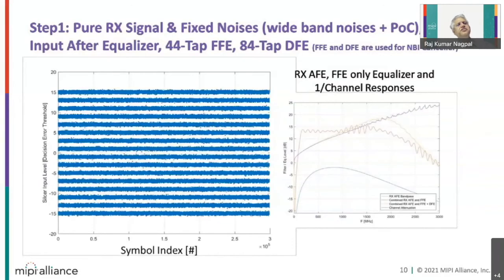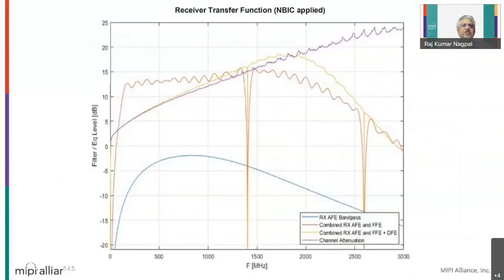And this is the kind of scatter plot you get at the slicer, and these are the AC response of this one by channel. This is your band pass filter. This is without dynamic noise. When you add the dynamic noises, your AC response appears like this. This notch is actually a dual tone NBIC.